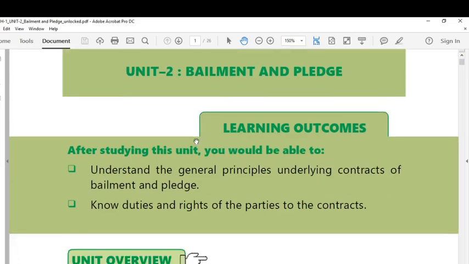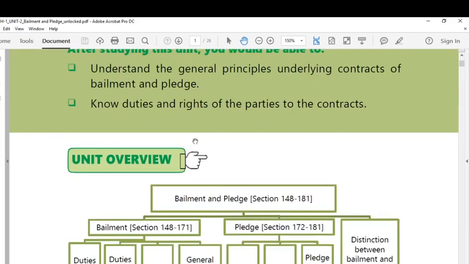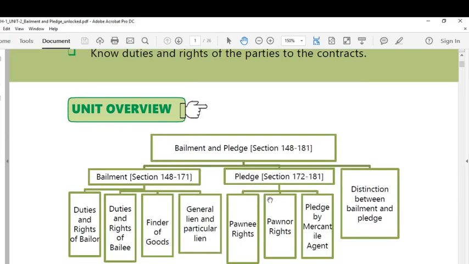So today's session is the second unit, which deals with the contract of bailment and the contract of pledge. If you have an overview of this unit, it deals with two types of contracts. The first one is the contract of bailment. The second one is the contract of pledge.